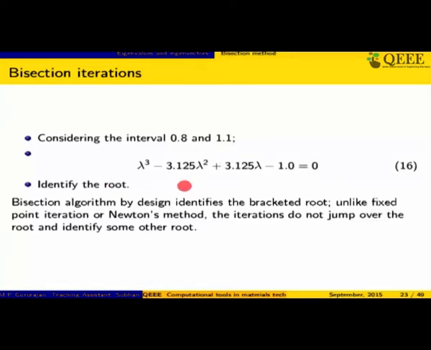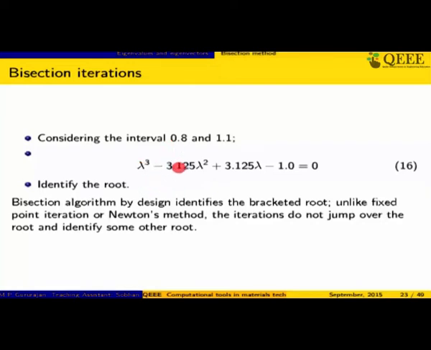As compared to Newton's method, for example, there is no derivative function and there are not several evaluations, because Newton's method uses x minus f of x divided by f prime of x, so there were so many computations. In the bisection method, there are no such complicated calculations.